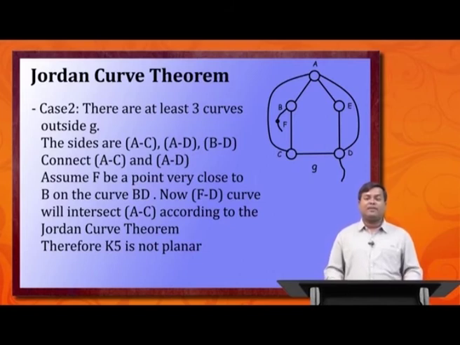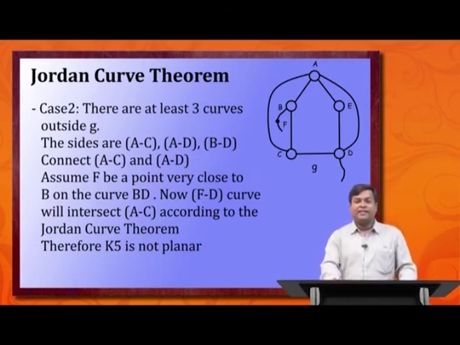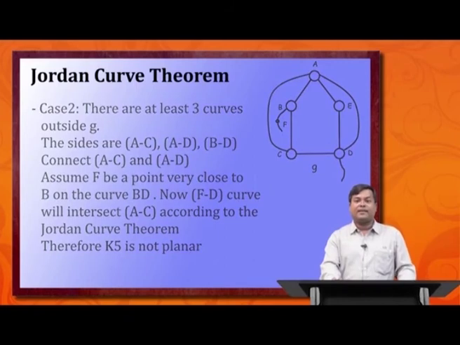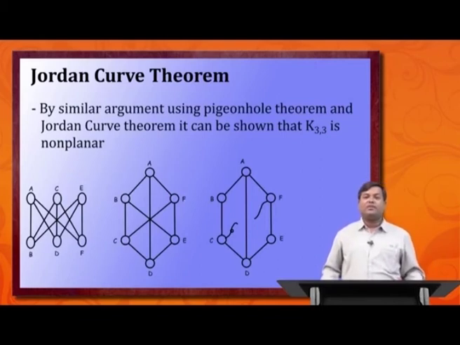So using the Jordan curve theorem, its corollary and the pigeonhole principle, we have concluded that K5 is not a planar graph. By a similar argument, using the same theorems, we can always show that K33 also is a non-planar graph. It is the same thing. K33 is basically a bipartite graph.